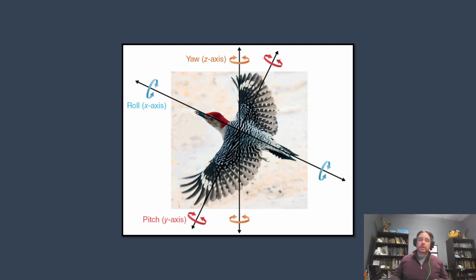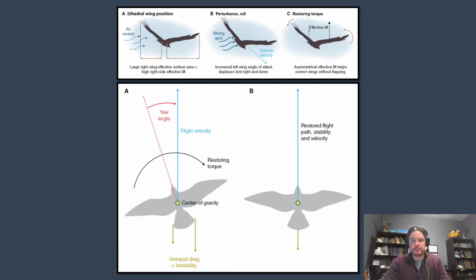So you've got roll, yaw, and pitch axes, and those have to be controlled. And birds have some cool ways of passively controlling these axes and making sure that they don't just go tumbling and rolling out of the sky.